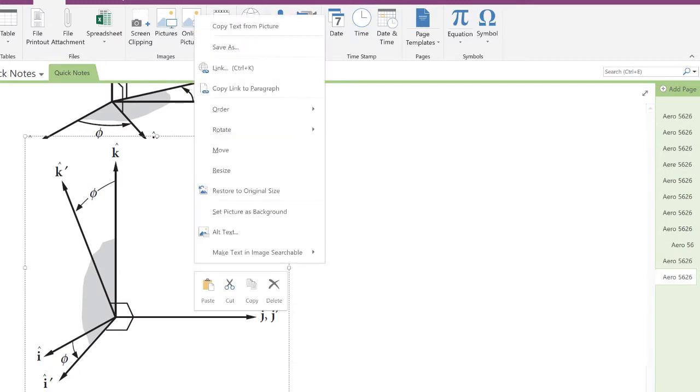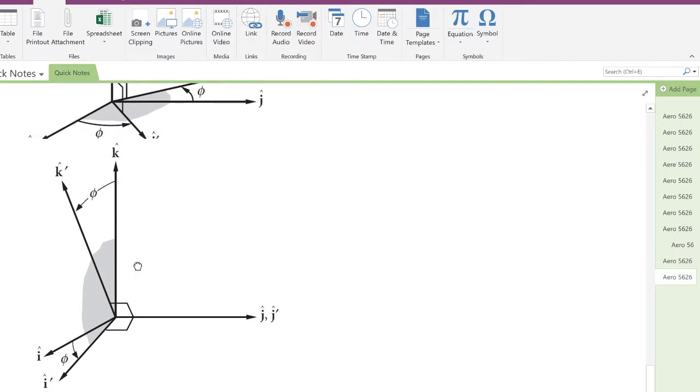For the rotation about the J-axis, we can use something similar.